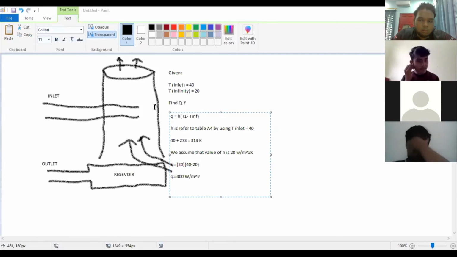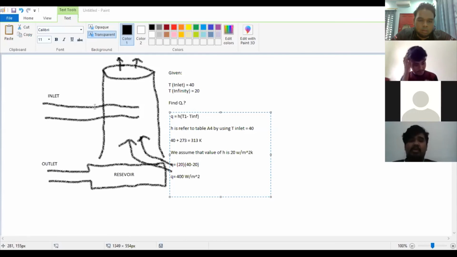So we can find the heat flux. The formula for heat flux is h multiplied by T inlet minus T infinity.